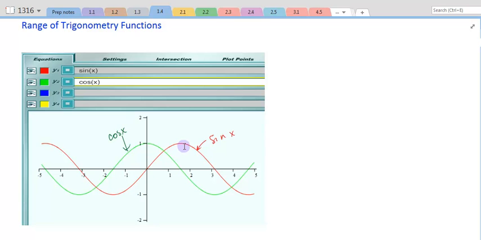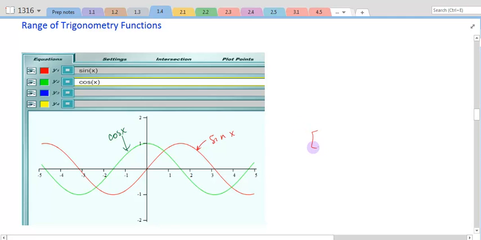And I can include both negative and positive 1 on these functions. So if we're talking range, then we're talking possible y values, and so the range of both sine and cosine is from negative to positive 1.